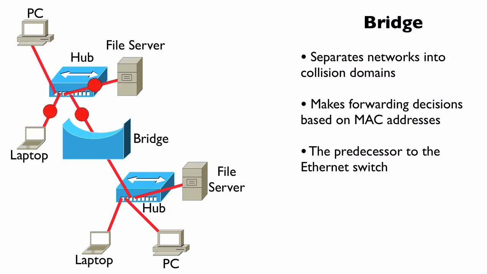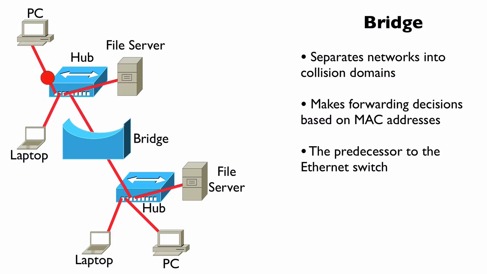Back in the mid-80s and early 90s, when bridges were more popular, a bridge made its forwarding decisions in software, while an Ethernet switch has special circuitry called an ASIC, an application-specific integrated circuit that's going to allow the switch to make forwarding decisions in nearly real time. So it's significantly better performance-wise than a bridge. We also tend to have much higher port densities in an Ethernet switch as opposed to a traditional bridge.